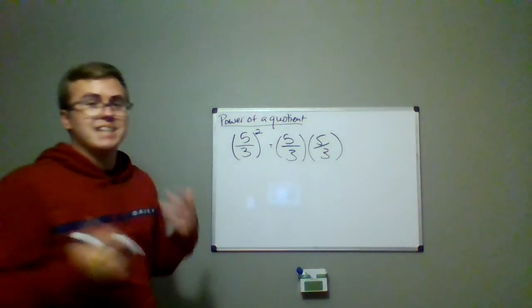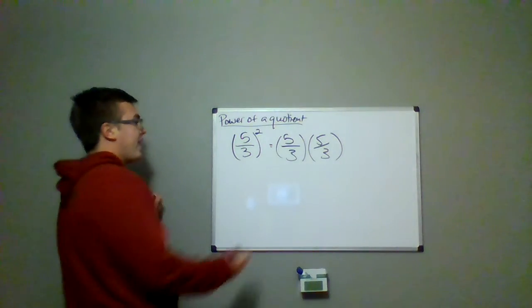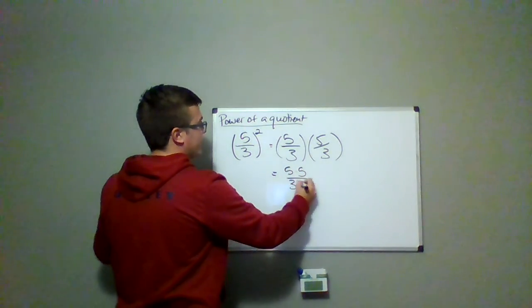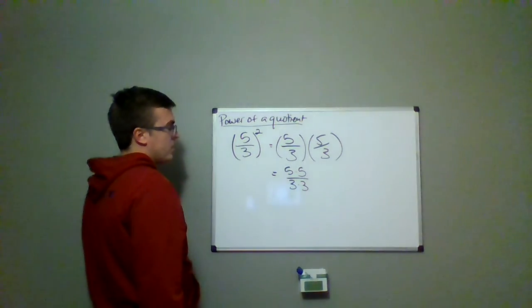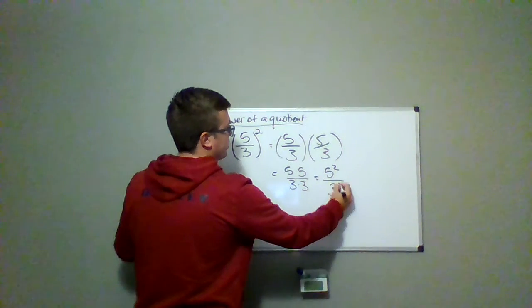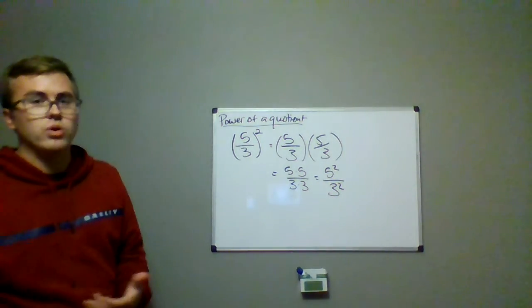And since I've just got multiplication and division, remember you can switch the order of that. So that becomes 5 times 5 over 3 times 3, which you can simplify to 5 squared over 3 squared.